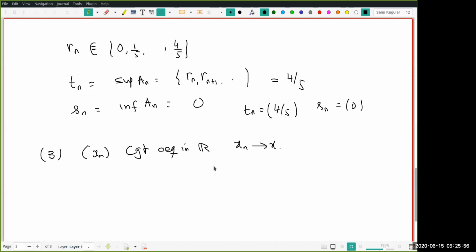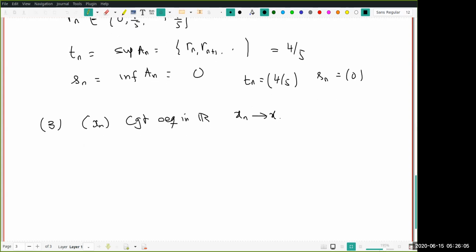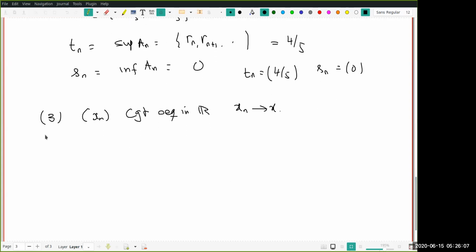Now I want to find out something about S_n and T_n. Since X_n converges to x, you give me any epsilon positive, and I know there is a natural number N so that for all k greater than or equal to N, x_k lies in the interval x minus epsilon to x plus epsilon.